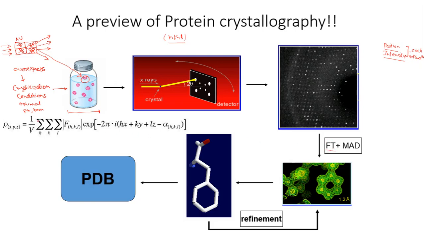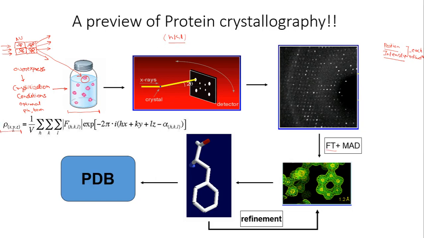The general expression of this Fourier transform is shown in this mathematical expression over here, where rho xyz corresponds to the electron density of an atom with position xyz for a spot having the index triple value HKL.